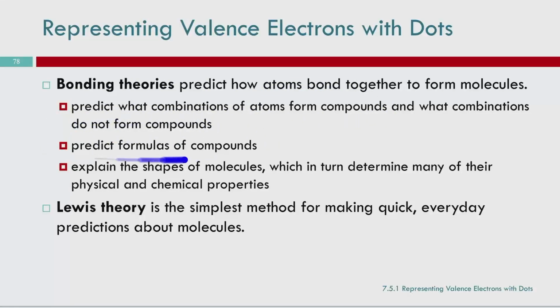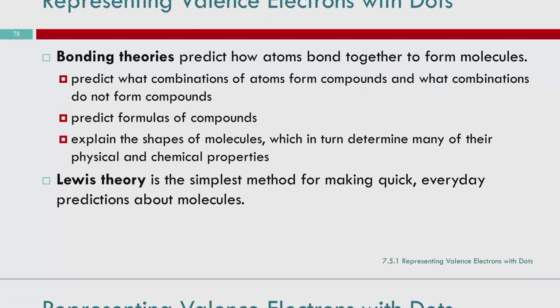They can also predict the formula of the compounds. They can also explain the shape of the molecule. And the shape of the molecule can determine some of the physical and chemical properties. That's sort of where we're working towards, and we'll get there, but probably next week, Thursday, probably. We are going to be using Lewis theory because it's simple.